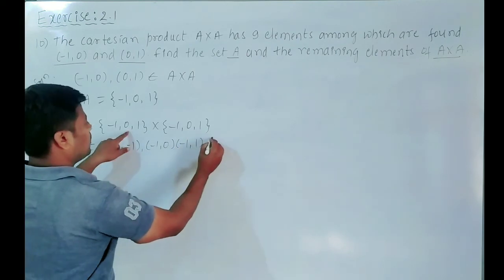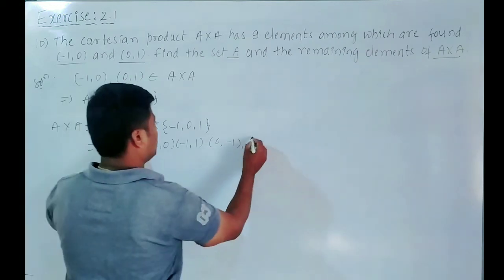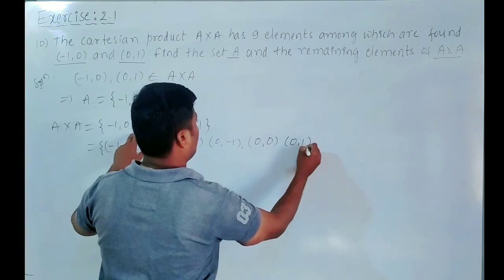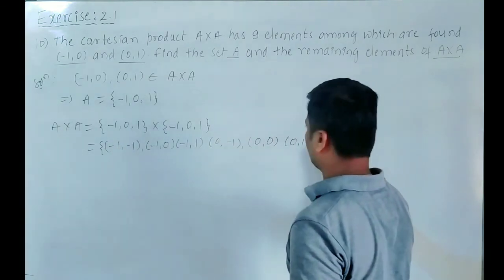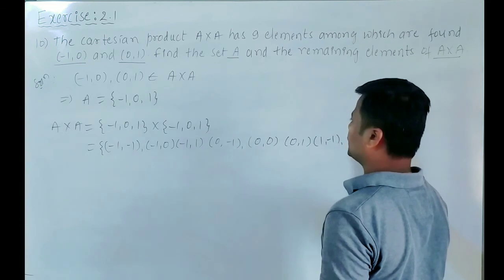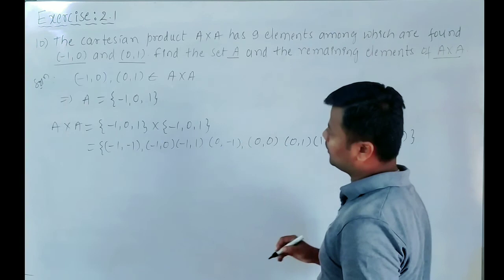Next 0: (0, -1), (0, 0), (0, 1). Next fix 1: (1, -1), (1, 0) and (1, 1). So this is our A cross A.